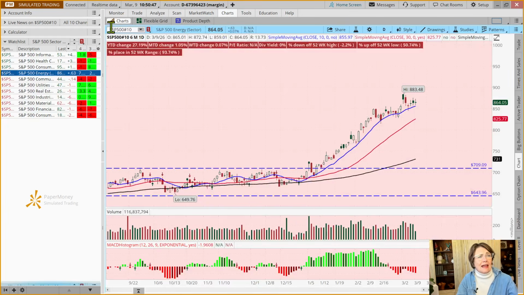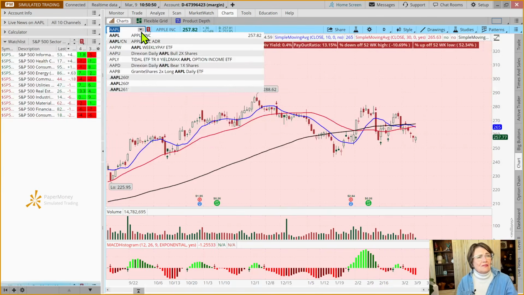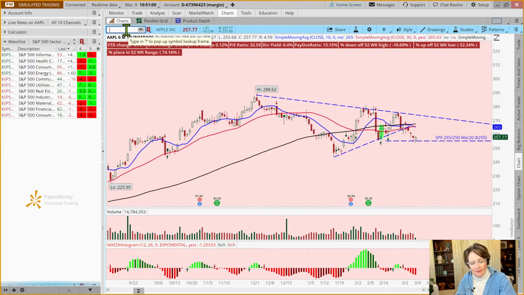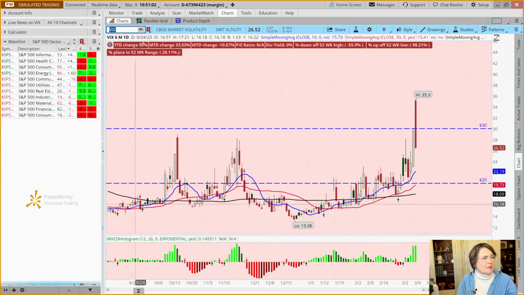So let's look at Apple. One of the things that is troubling us is that we put this trade on here on February 17th. And if we look at the VIX on February 17th, the VIX was way down here, and now it's here.